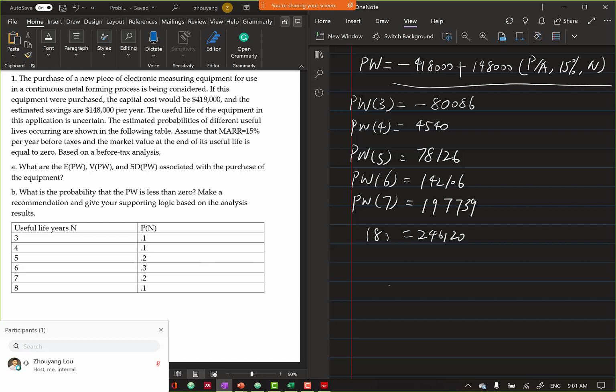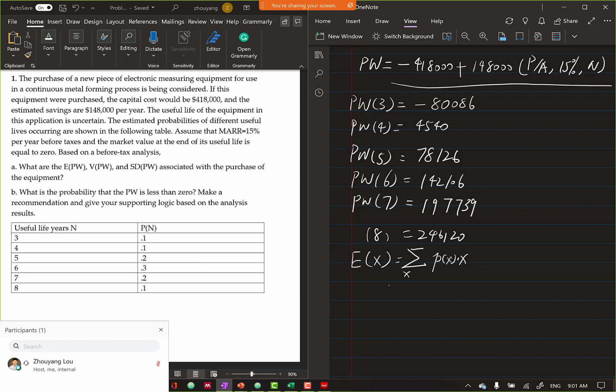Then we just use this formula to calculate the expected value. Since we have a discrete random variable, we use a summation sign for all the scenarios of x, and we add up the px times x.